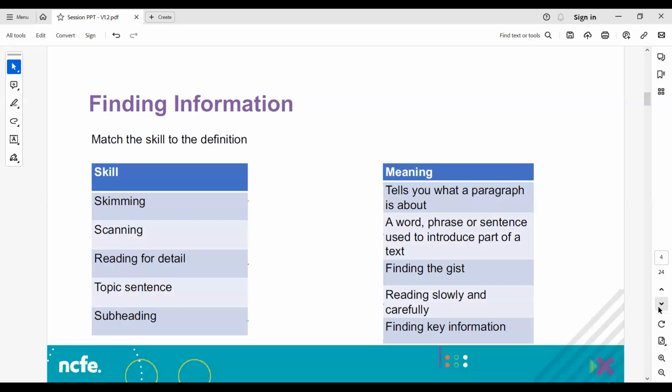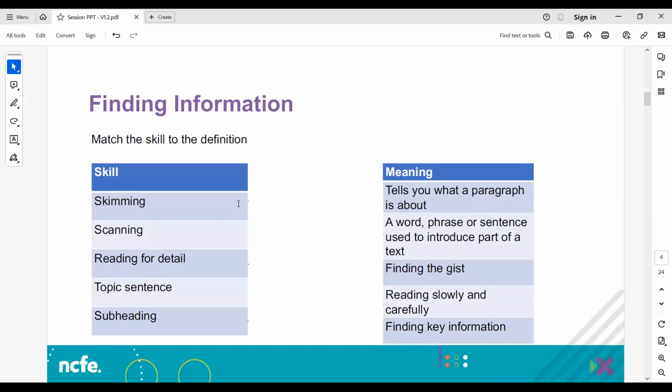Okay, so we've seen and heard there about these different reading skills that you will need to use when you're doing your level 2 reading test. So let's see if we can remember the definitions. If you want to give an answer, just unmute yourself.